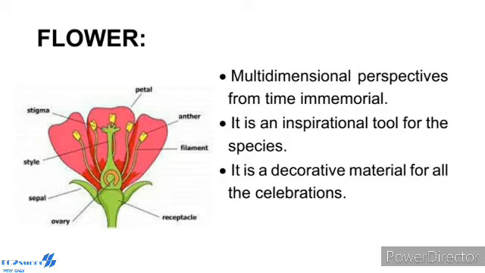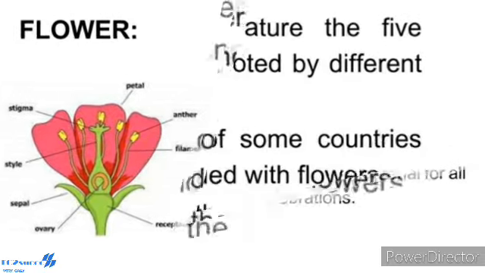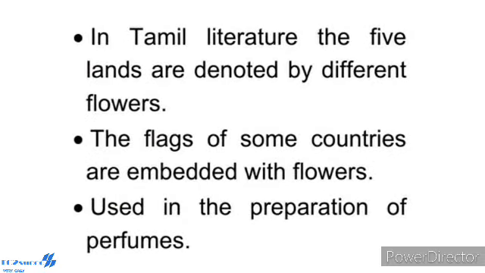It is an inspirational tool for the species. It is a decorative material for all celebrations. In Tamil literature, the 5 lands are denoted by different flowers. The flags of some countries are embedded with flowers, and flowers are used in the preparation of perfumes.